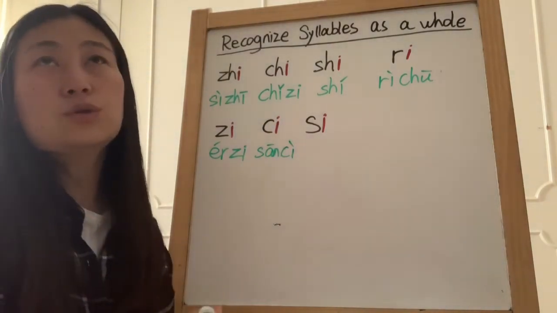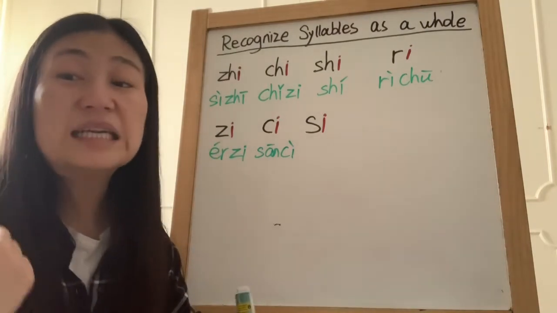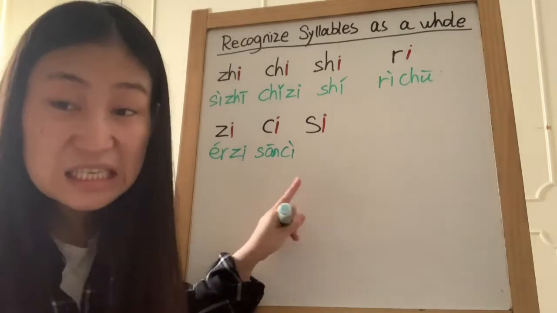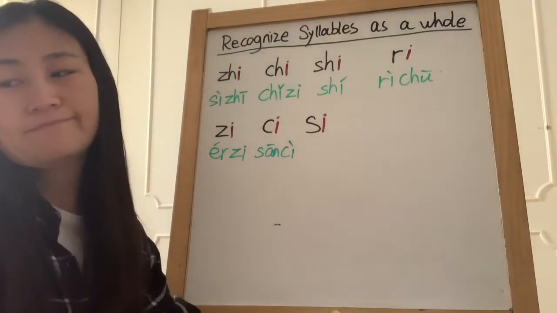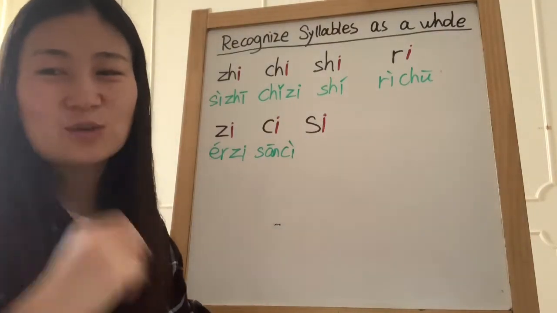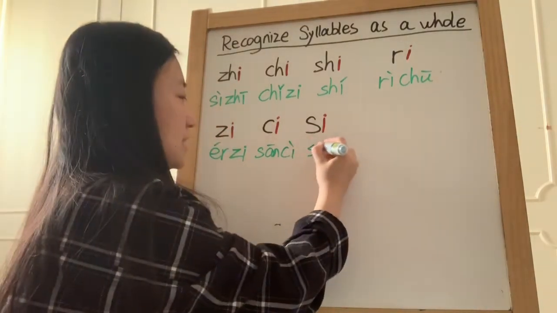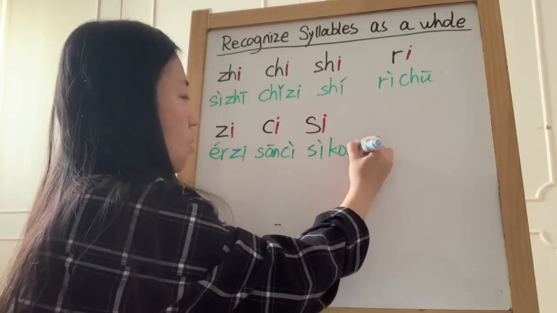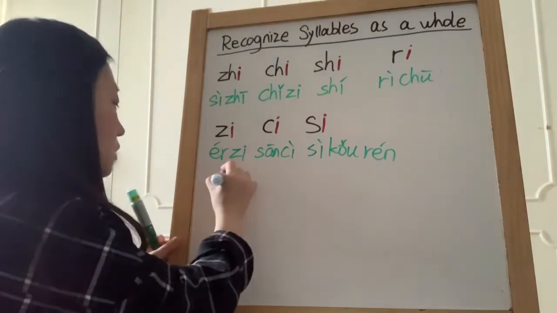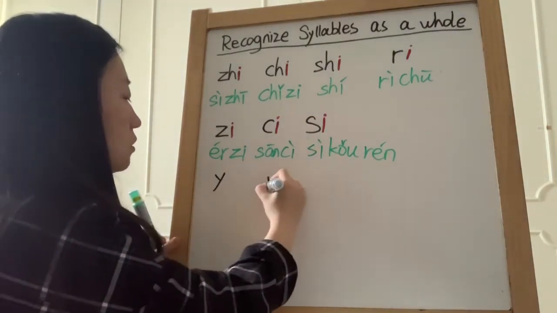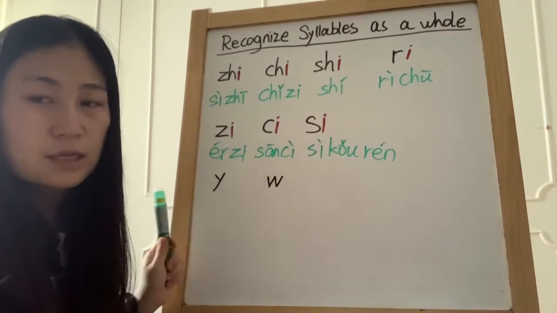I went to Madrid 3 times. For example, 我去马德里3次, okay? 你家有几口人？我家有4口人。These are the consonants that we learned, right?